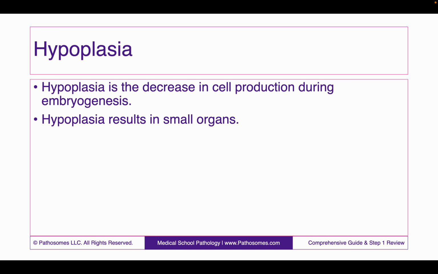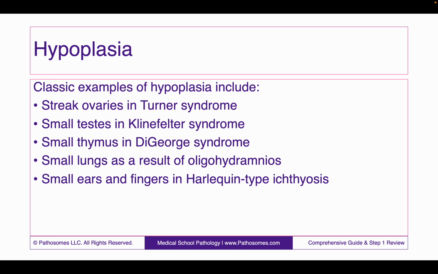Hypoplasia is the decrease in cell production during embryogenesis. Hypoplasia results in small organs. Hypoplasia, small organs. Classic examples of hypoplasia include streak ovaries in Turner syndrome. You got to know that. Small testes in Klinefelter syndrome.